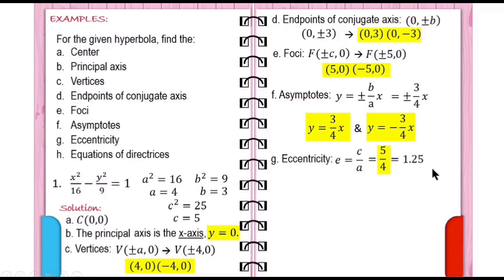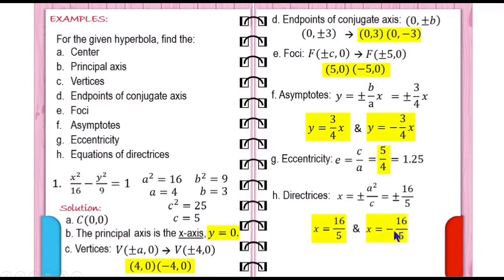And remember, the eccentricity of hyperbola is greater than 1. While the equations of directrices are x equals plus and minus a squared over c. A squared is equal to 16 and c is 5. The directrices are x equals 16 over 5 and x equals negative 16 over 5. These are equal to 3.2 and negative 3.2 in decimal.